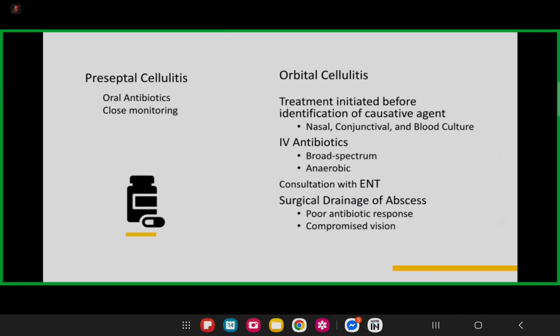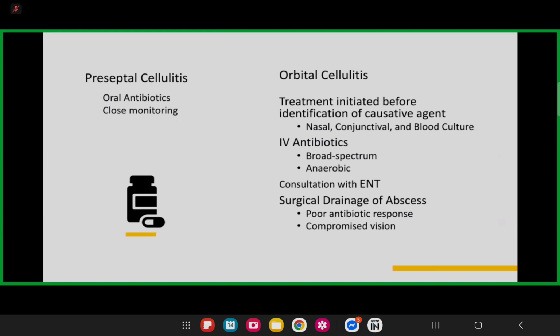In terms of treatment, it's very different. For preseptal cellulitis, it's mostly giving oral antibiotics and closely monitoring the patient. However, for orbital cellulitis, treatment is initiated even before identifying the causative agent.